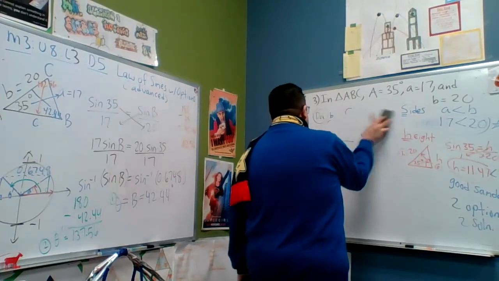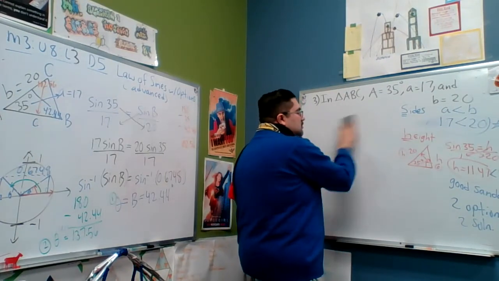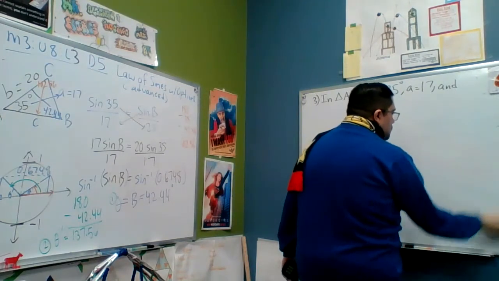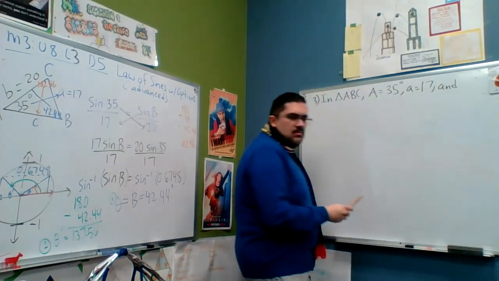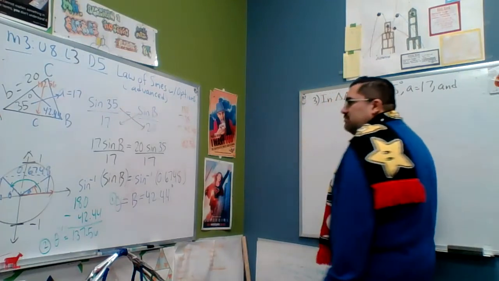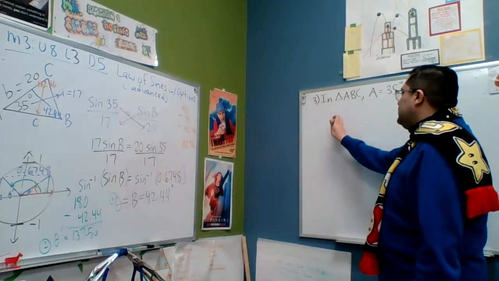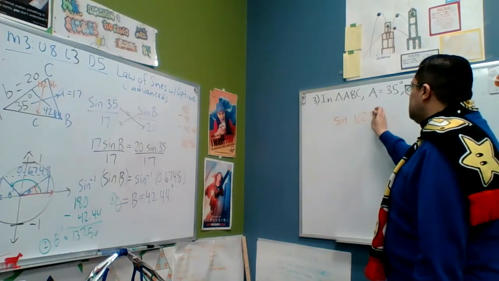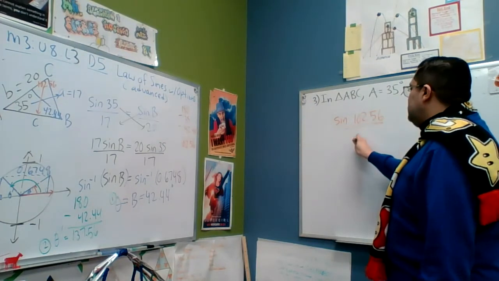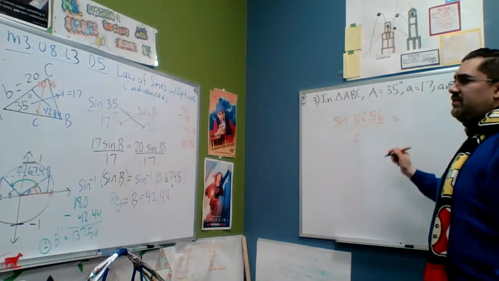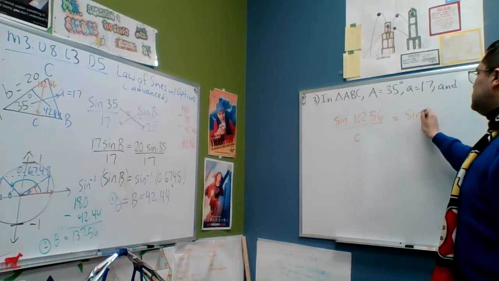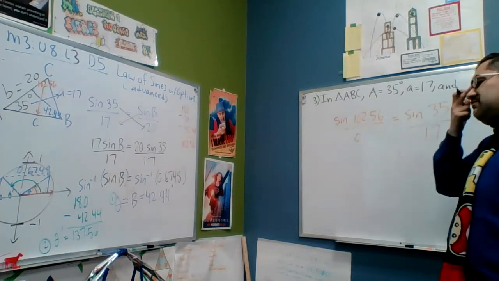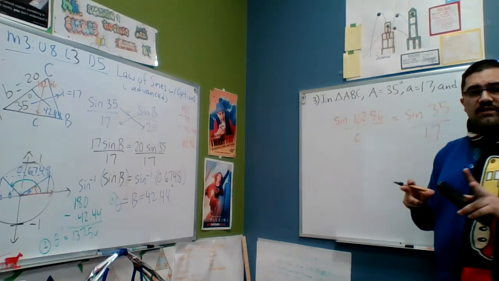Let's go and solve that on this board. So let's write down the equation for the orange. Sine of 102.56 over c, little c. Pick any of the other ones. Let's pick the original one, sine 35 over 17. I'm doing this because what if we rounded things off a little bit weird?